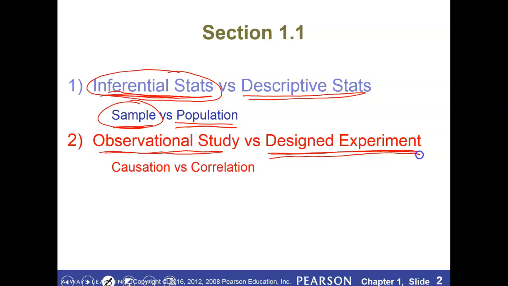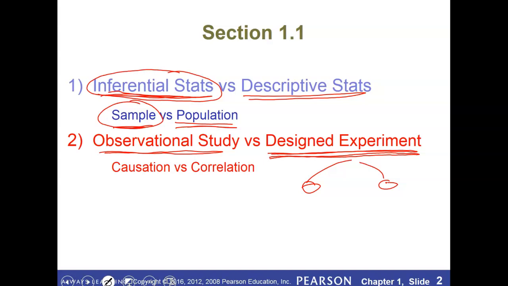A designed experiment would be something where you put the population into two different groups, and maybe it's on a particular drug and the effects of a type of drug that a group is taking. We would give one group a placebo, and another group the actual drug, and then discuss what the differences are based on whether they were getting the placebo or the actual drug.